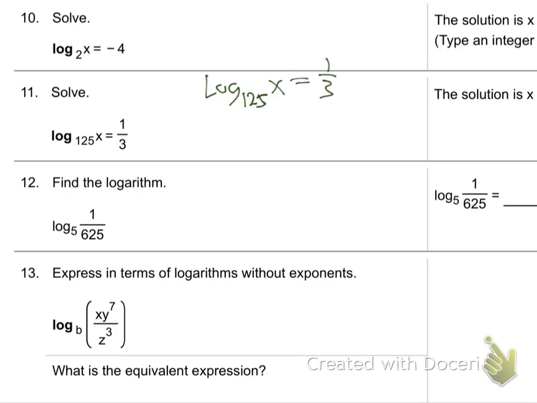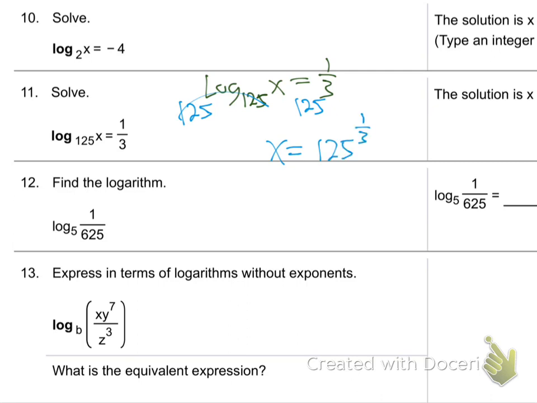Okay, so how do we get rid of that log? What do we always do? 125 base it, right? On both sides. So x is 125 to the 1/3.